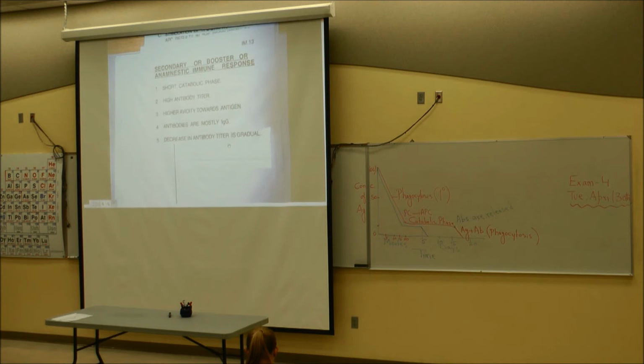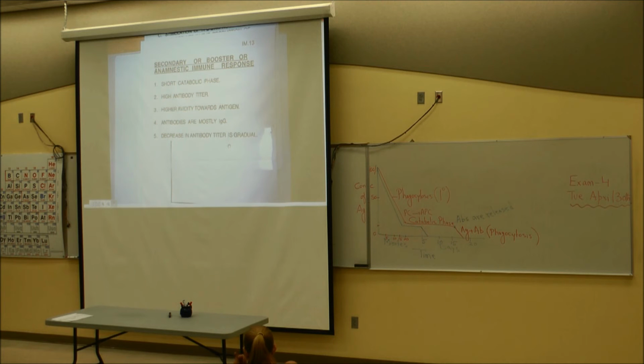Secondary immune response, or booster or anamnestic immune response, has a short lag phase. Why? Memory cells. High antibody titer. Higher avidity, the bonding is strong.